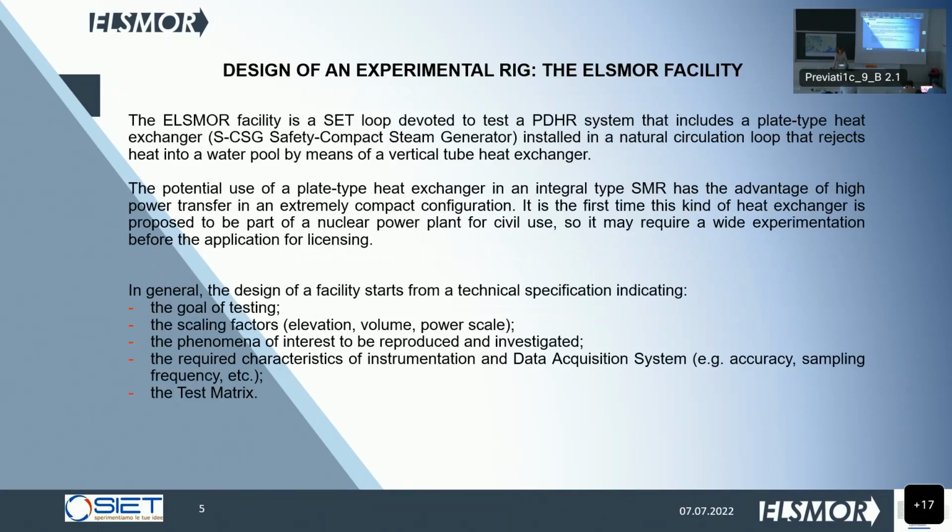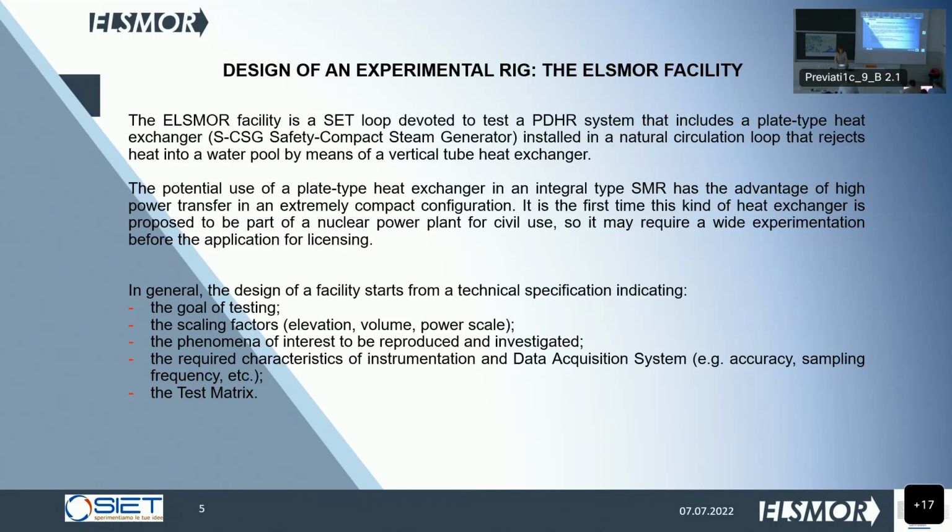Specifically, for the ELSMOR facility, the design includes a new type of heat exchanger that hasn't been used before for civil use in nuclear power plants, and it is a plate type heat exchanger.